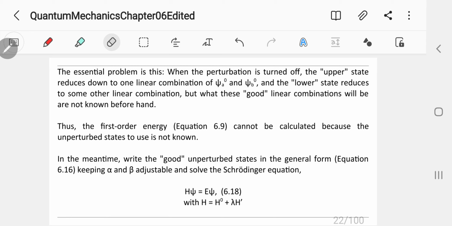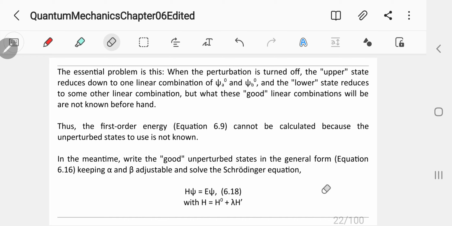The essential problem here is when the perturbation is turned off, the upper state reduces down to one linear combination of phi A0 and phi B0, and the lower state reduces to some other linear combination, but this good linear combination will not be known beforehand.